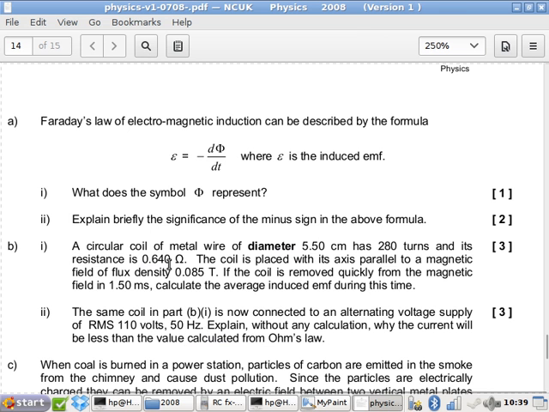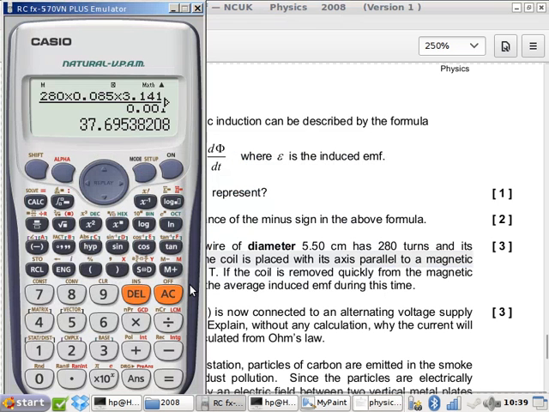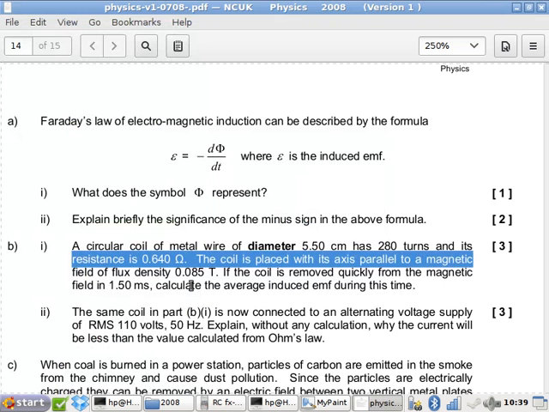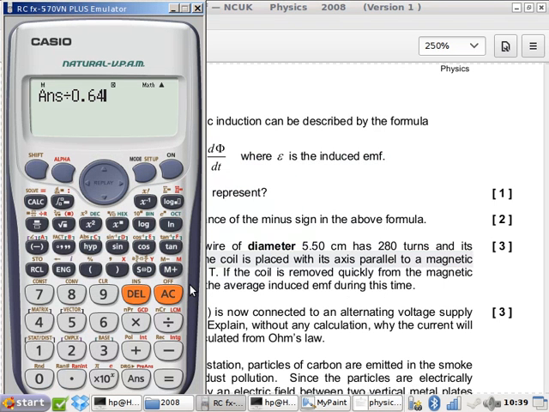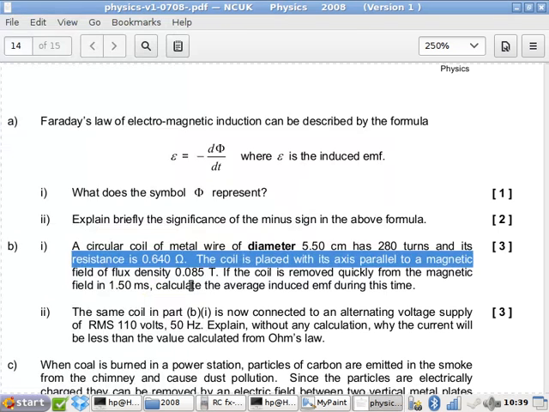So the question is then, why does the current reduce? Well, I'm going to ignore the without calculation. I want to see what the current is in this part. So we have V equals IR, so I is V over R, and the R is 0.64. So in the beginning, it's 58.9 amps.